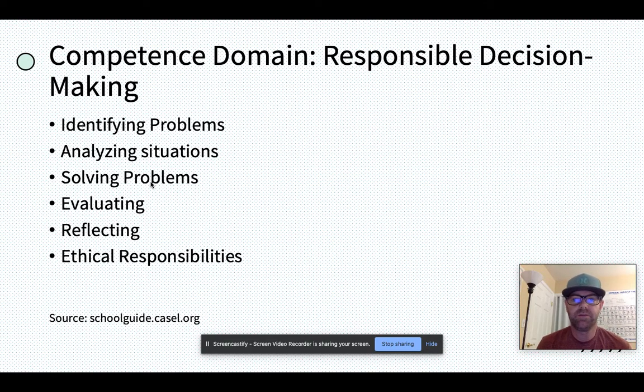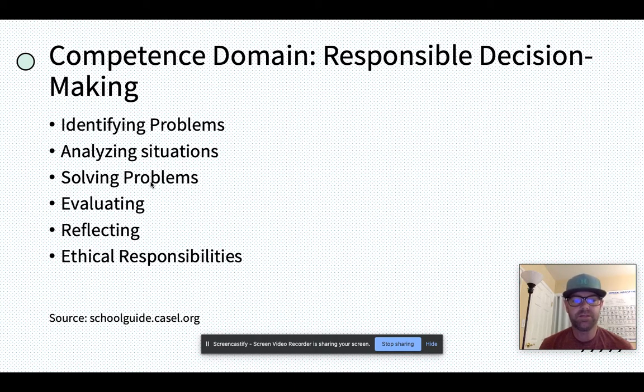Competence domain responsible decision making. All right, so responsible decision making. This is when a student can identify problems, analyze situations, solve these problems, evaluate, reflect, and then have an ethical responsibility. Okay, so I see this a lot in school, and our schools have tried to tackle this in the past by doing things like circles, right? And social justice or social reflecting.